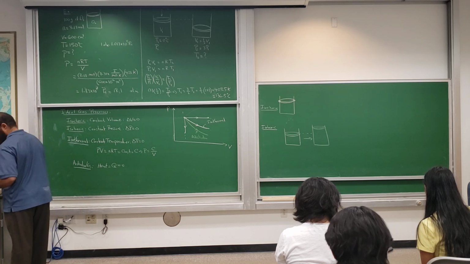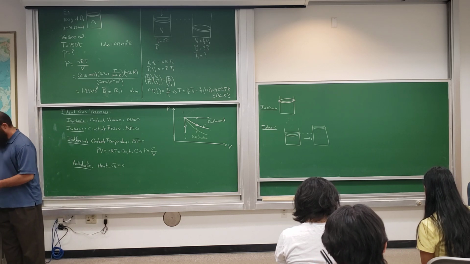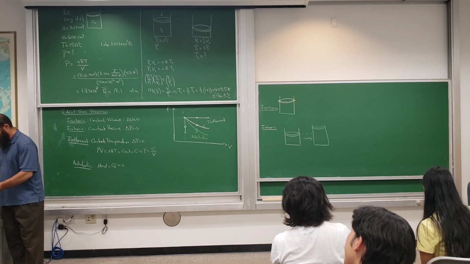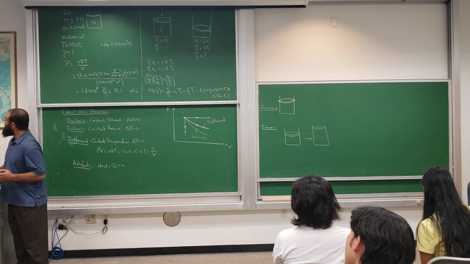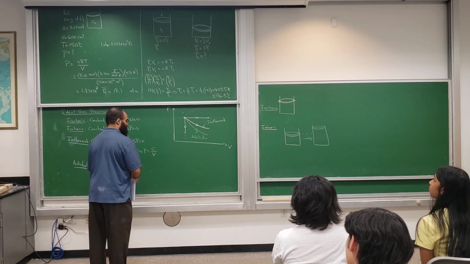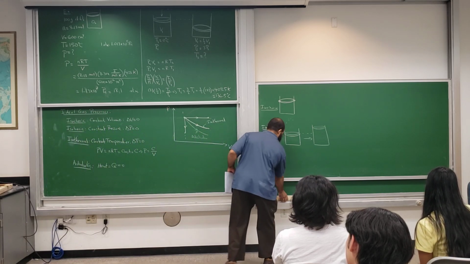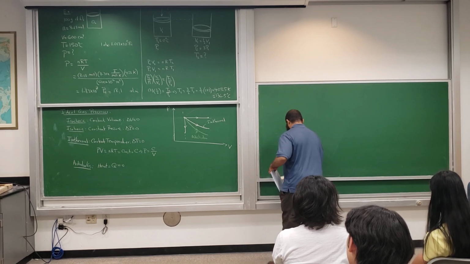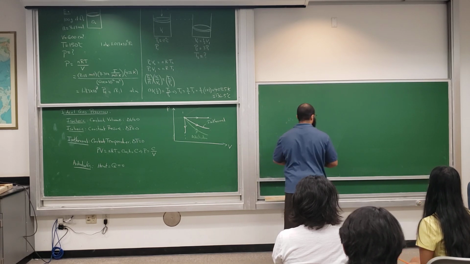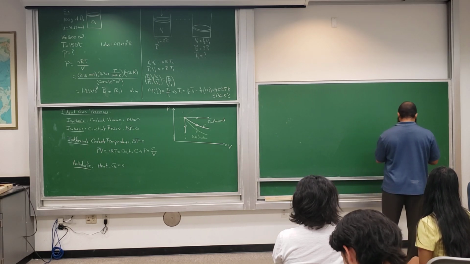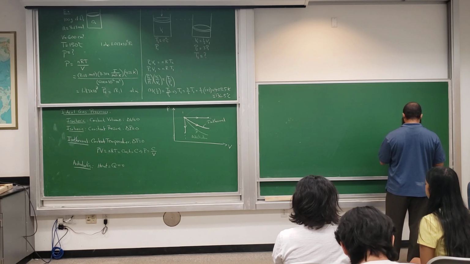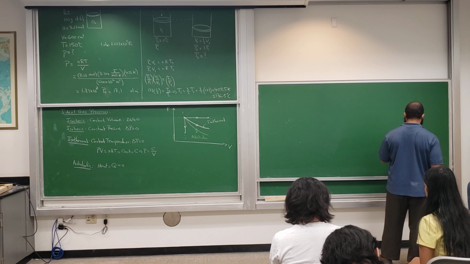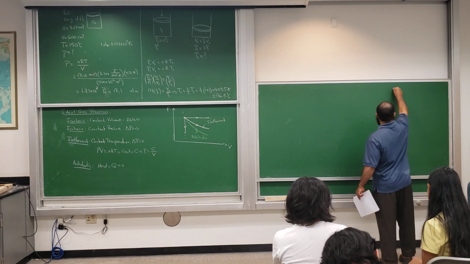So, there's that. Let's look at the following example. We have a gas, and initially at 2 atmospheres, and the temperature is 200 degrees Celsius.